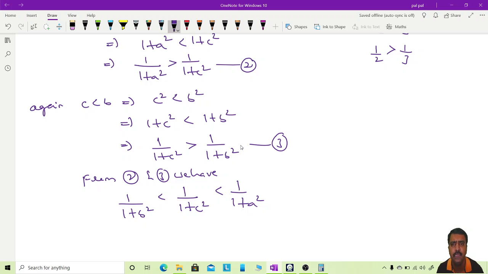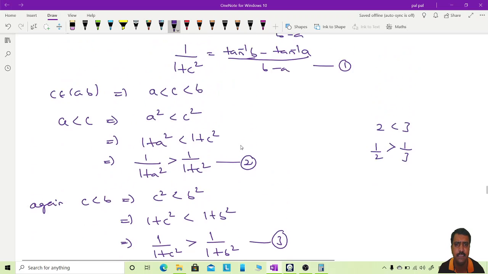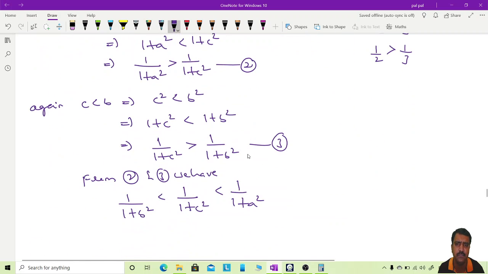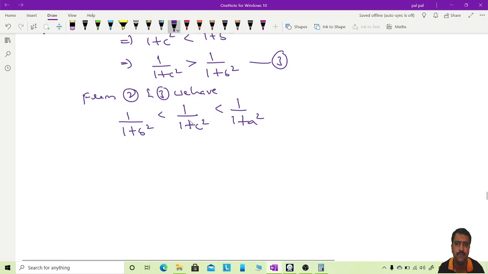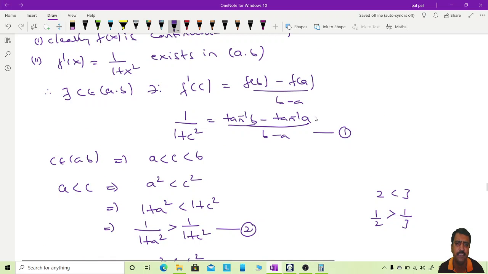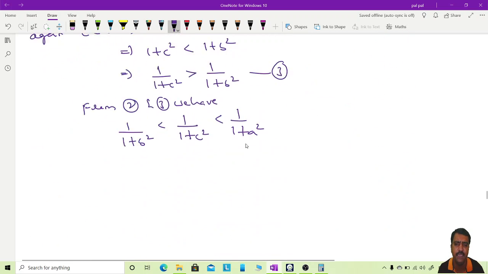But what does expression 1 say? Equation 1 says 1 by 1 plus c square is equal to tan inverse of b minus tan inverse of a, divided by b minus a. So in place of 1 by 1 plus c square, you write tan inverse of b minus tan inverse of a by b minus a.